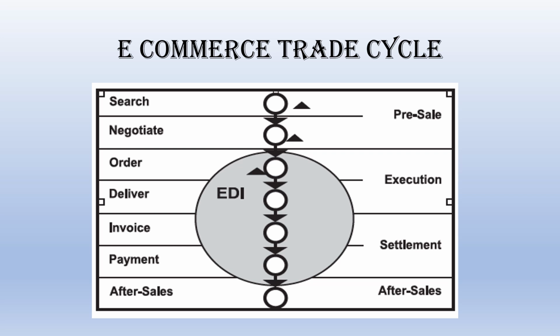And the last phase is the after-sale phase. This phase consists of warranty and after-sale services. In a warranty period, the customer will get all the maintenance services for free or at a minimum cost. After-sale service means the customer can complain, if any, about the performance of the product and get maintenance service from the supplier.